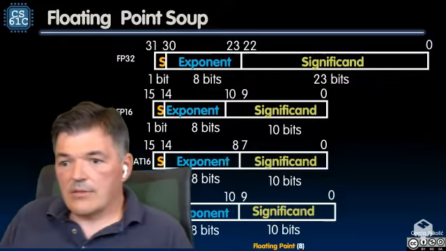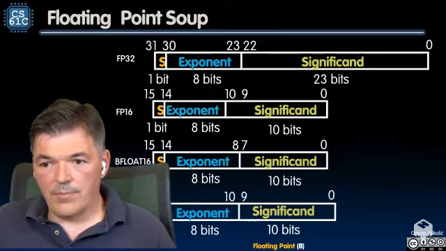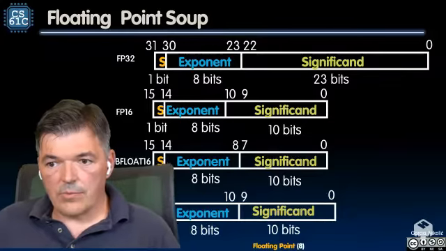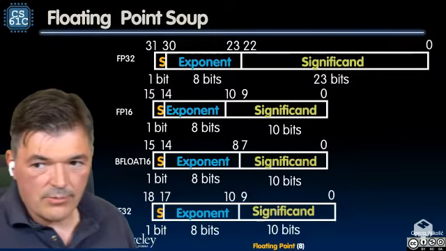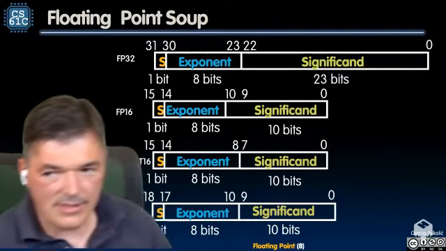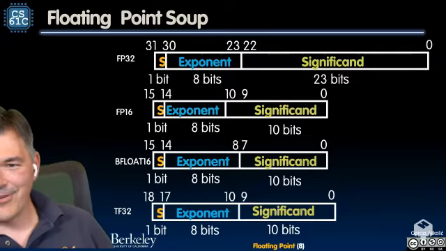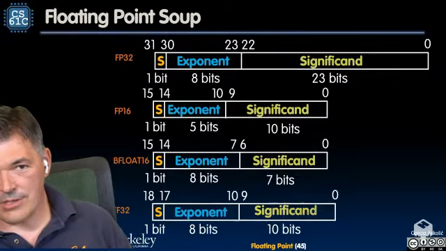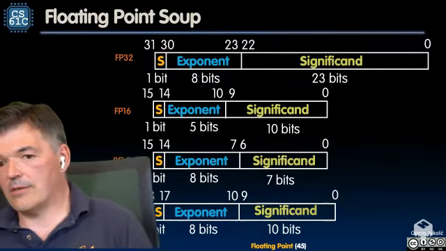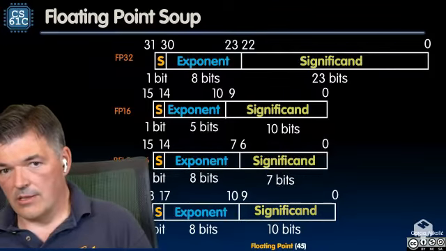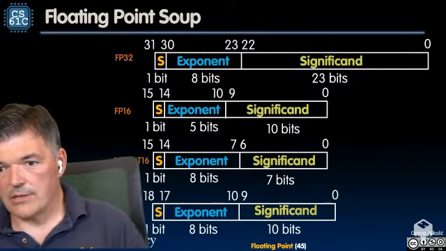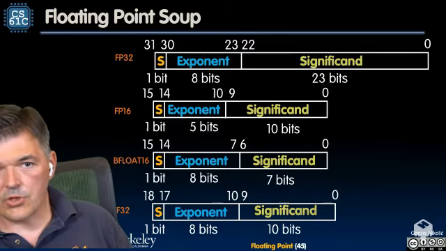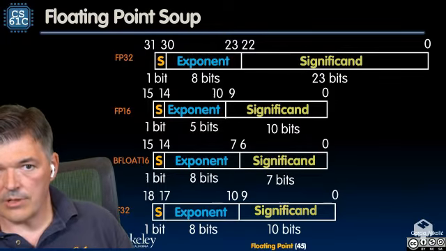A few things that we have seen before, I think we showed this in the lecture. We have FP32, which is an IEEE standard. We have FP16, which is a half precision IEEE standard. And then there are these two other formats that have been showing up particularly in machine learning.